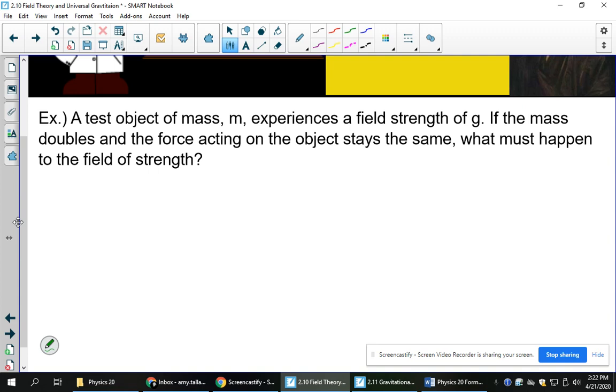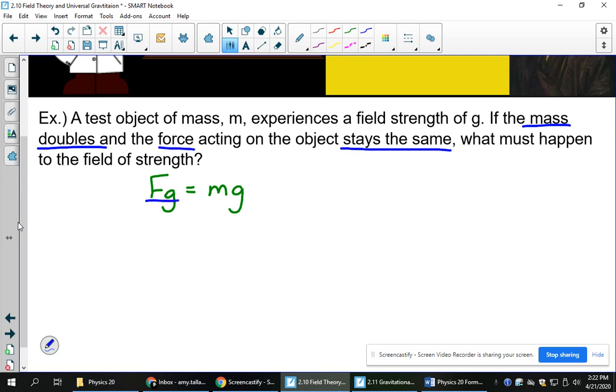So we have to do some work within the formula with these few numbers that we have. So we're going to write the formula down. Okay. We're going to do what the question is saying here. It's saying if the mass doubles and the force stays the same.